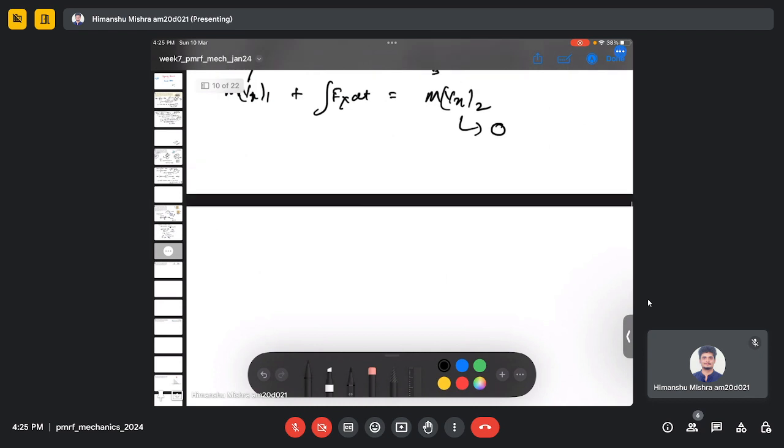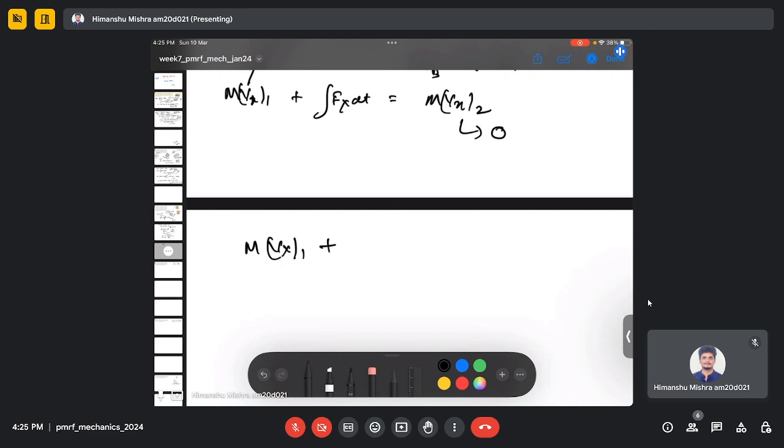So it will be m vx1 plus the summation of all forces multiplied by delta t. The horizontal forces come from the friction only.